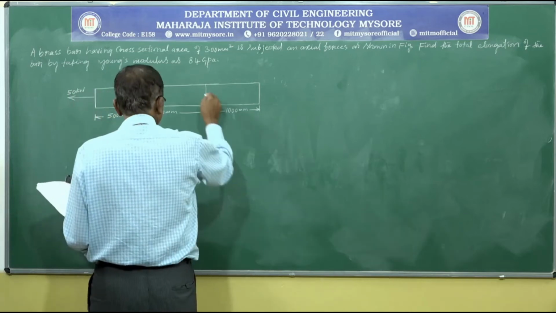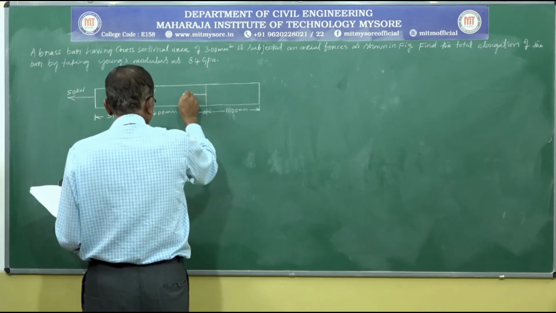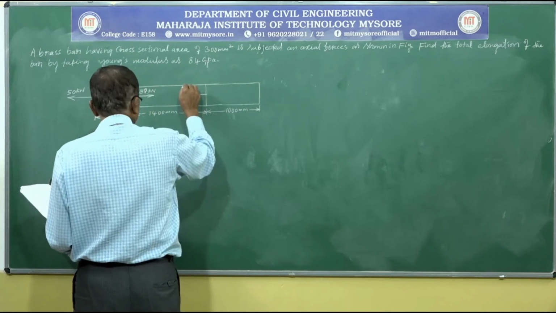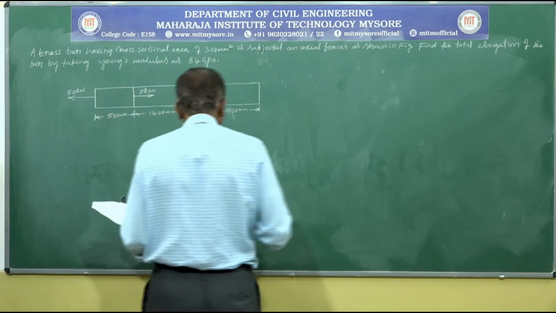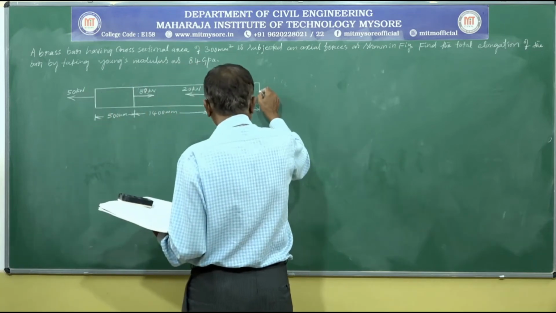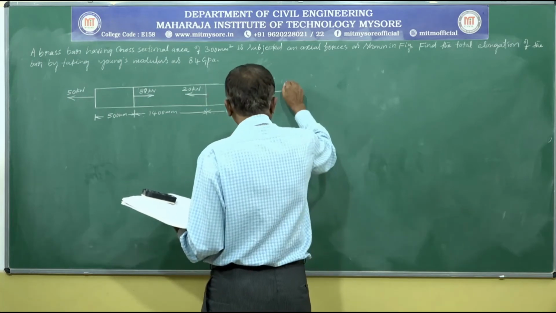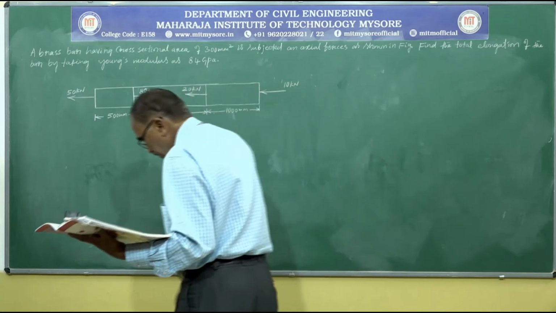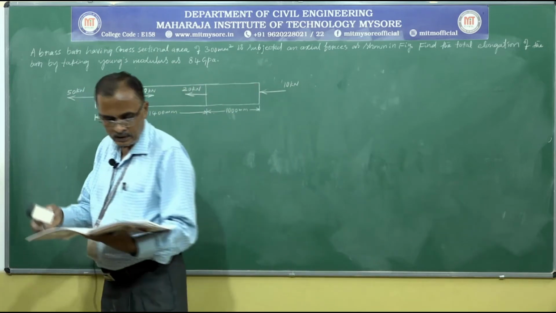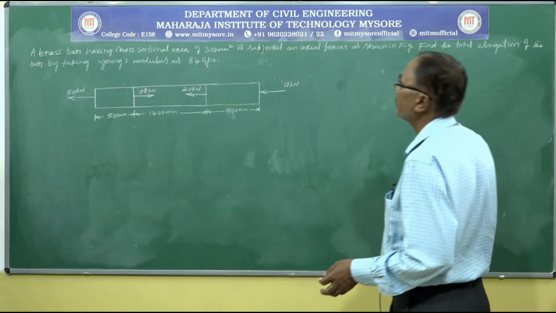Next, at the junction between the second and third portions, there is another load of 20 kilonewton. Lastly, at the right hand face, there is another load of 10 kilonewton. For this condition, it is asked to find the total elongation.